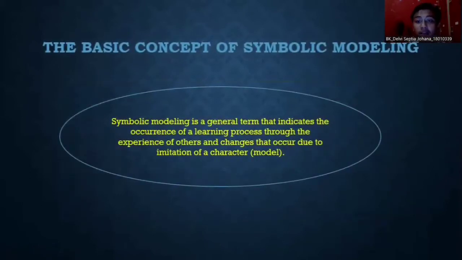The basic concept of symbolic modeling. Symbolic modeling is a general term that indicates the occurrence of a learning process through the experience of others and change that occurs due to imitation of a character or model.